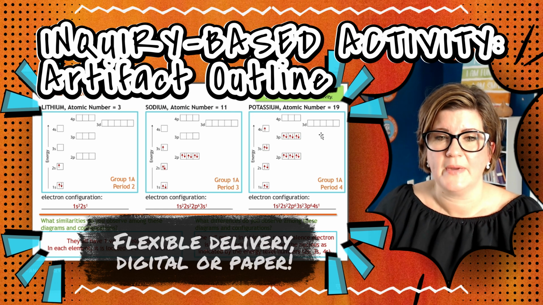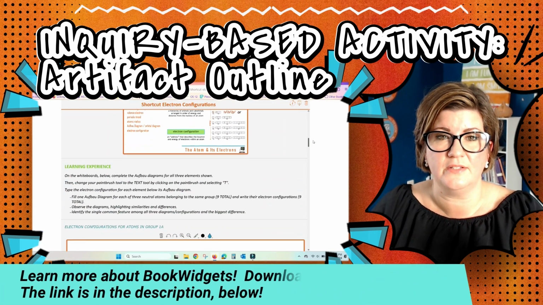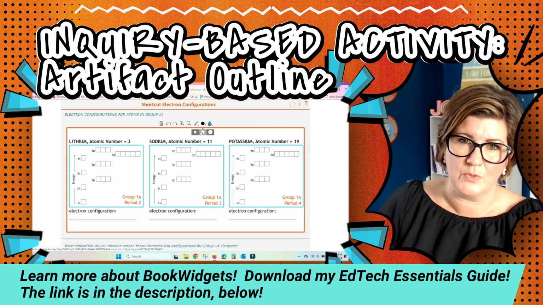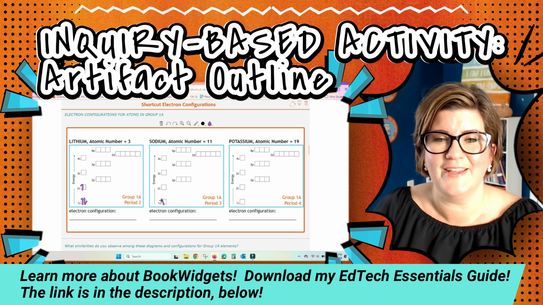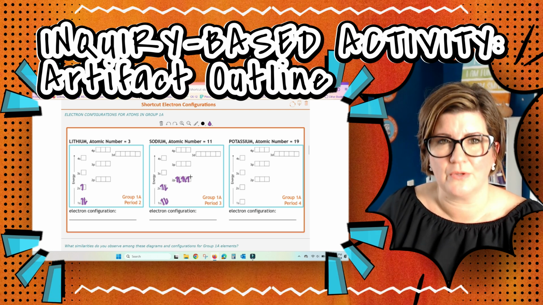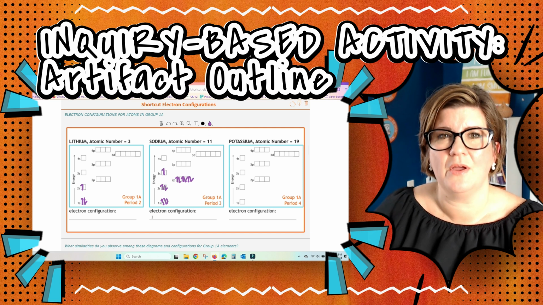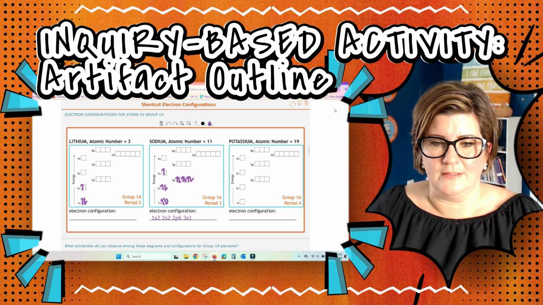I've done it both ways. I also include this as a whiteboard activity in my digital worksheet, where when I sell lessons, they come with the digital worksheets. So even if your student is absent for the day or for the week, or they're making up old work, you can give them that. They can still have the same full opportunity as your in-class students.